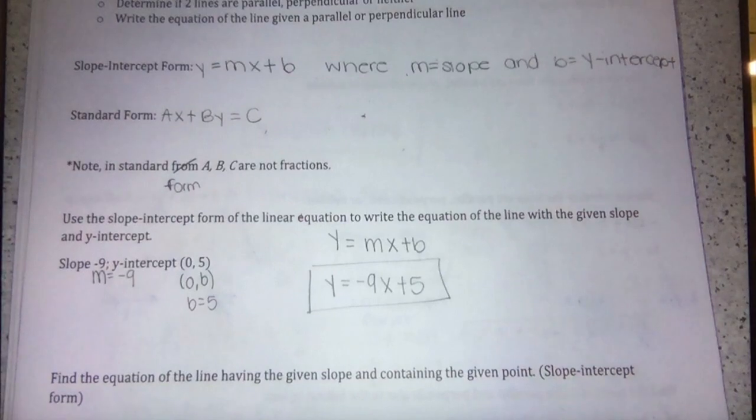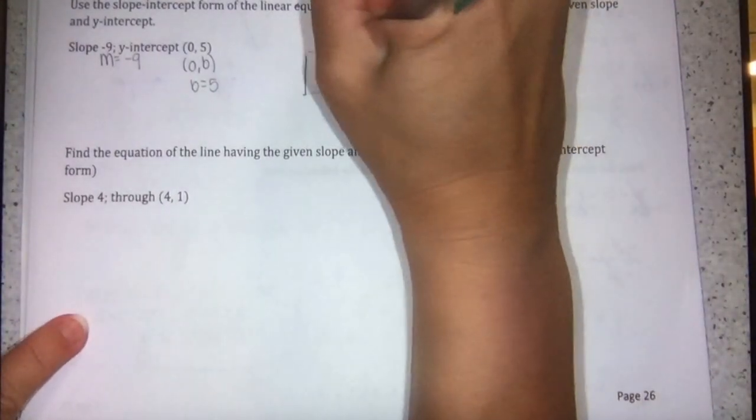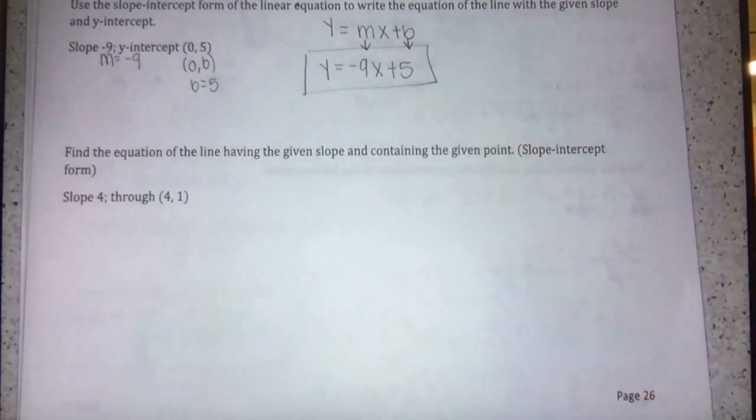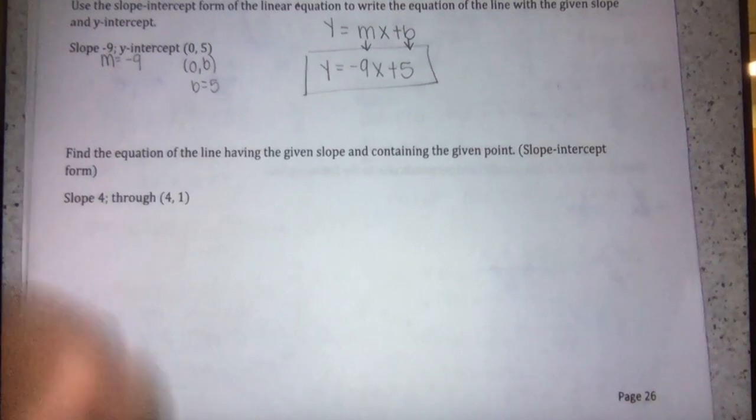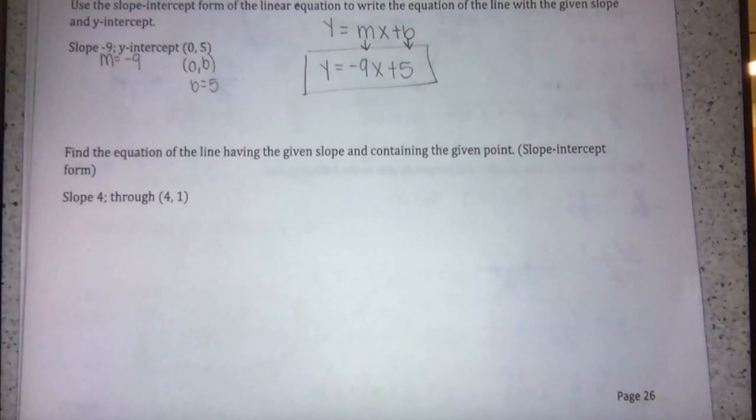Done. I want to leave x and y as x and y because that shows me the line goes on forever in either direction. It could be any x and y, any point, so I want to leave it as x and y.